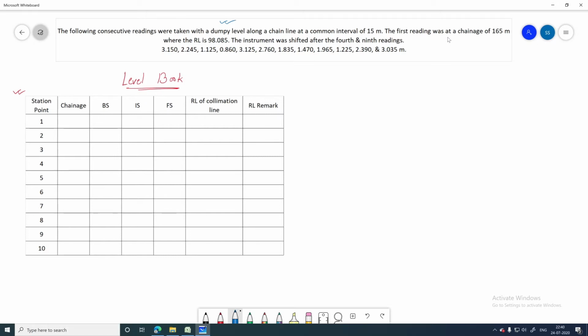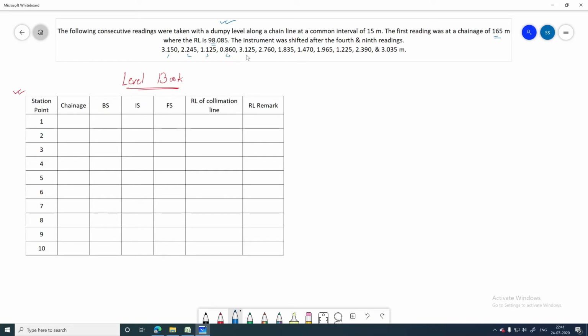The first reading was at a chainage of 165 meter, where the RL value is 98.085. Now the instrument was shifted after the 4th and 9th readings. That means this is 1, this is 2, this is 3, this is 4. So after this 4th reading, the instrument was shifted.